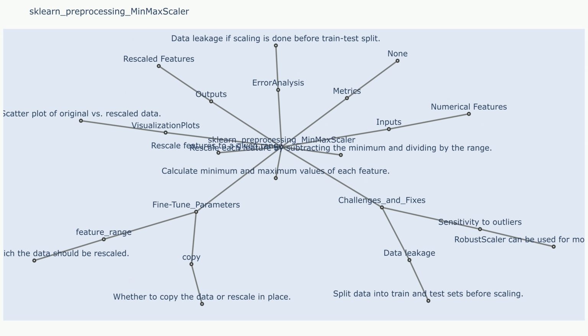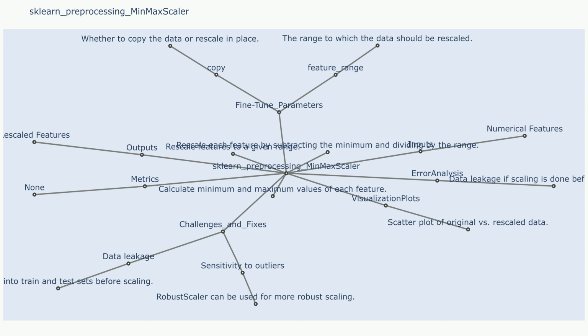This parameter specifies the desired range for the transformed features. The default value is 0, 1, but it can be customized. Copy. This parameter indicates whether to create a copy of the input array or to modify the array in place. The default value is true, which creates a copy.